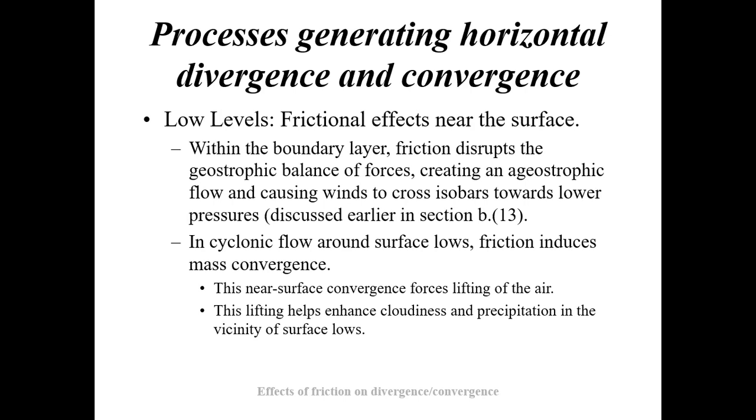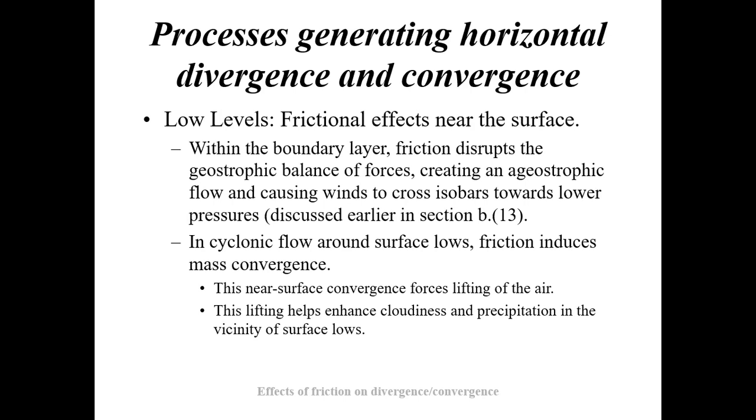Now, with frictional effects near the surface in the low levels, within that planetary boundary layer, friction is going to slow the wind speed down, and as a result, it's going to disrupt the geostrophic balance of forces and create that out of balance flow, that ageostrophic flow, because as wind blows across the ground, it slows, but it also gets turned across the isobars towards lower pressures.